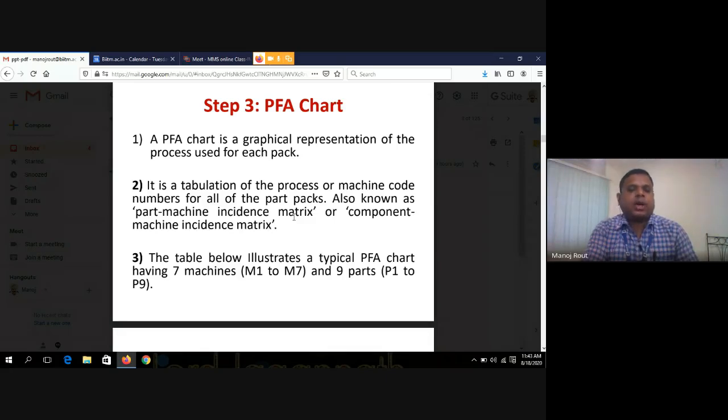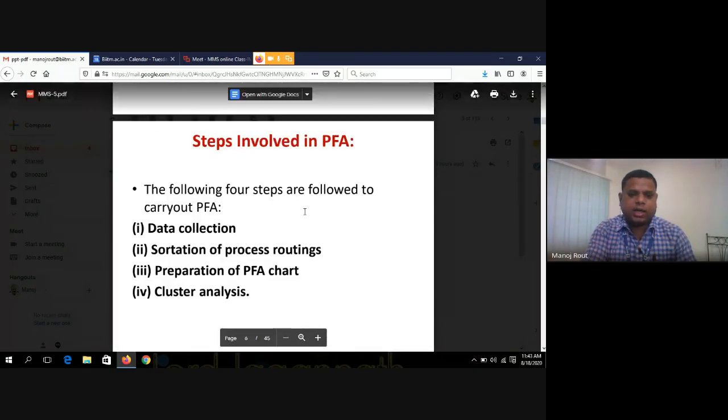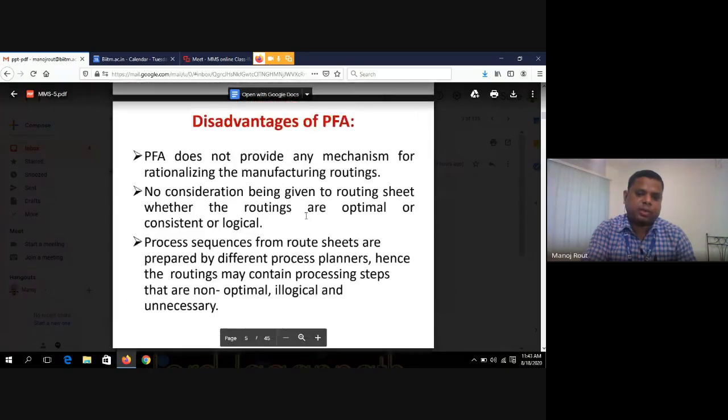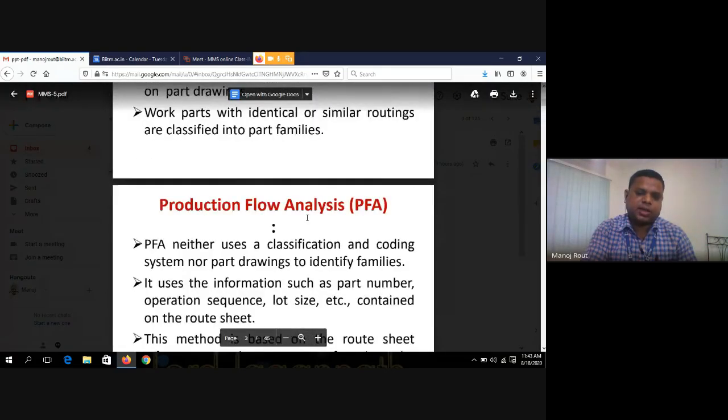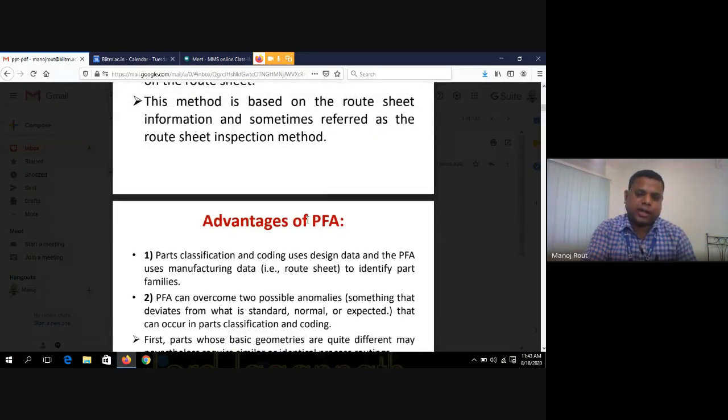A product flow analysis chart is a graphical presentation of the process used for each pack. As you know, each pack contains similar machines or pairwise machines for similar operations and similar sequence, which contain the same specification, same code, and same lot size.